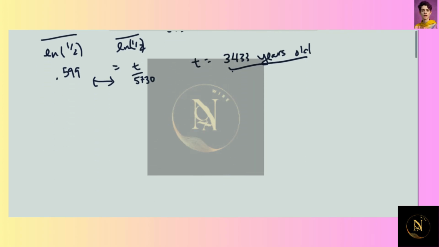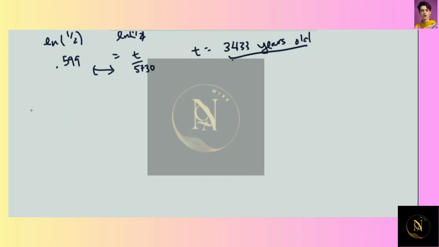We do the same thing for the wood, which has an activity of 13.8 decays per gram per minute. So 13.8 equals 15.3 times 1/2 to the T over 5,730. Same steps.